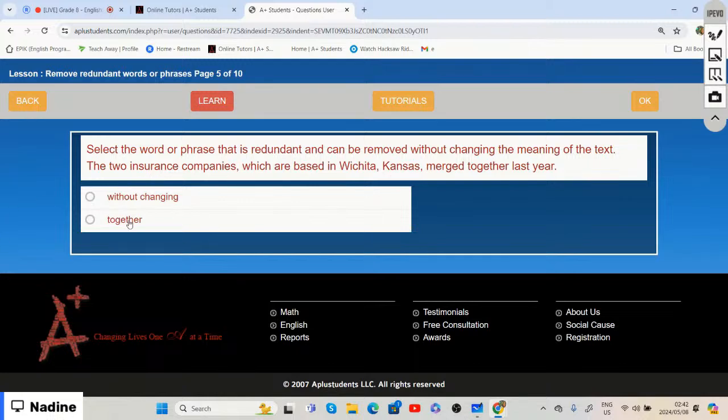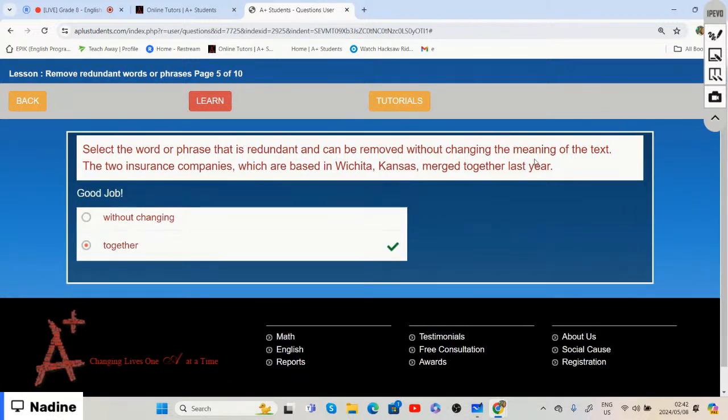And I think it's together because merging, right, is already putting two things together, right? So merging, especially if you maybe try doing it on your computer and you're putting two tables or two columns together, that is like merging it. So we'll go with together. All right.